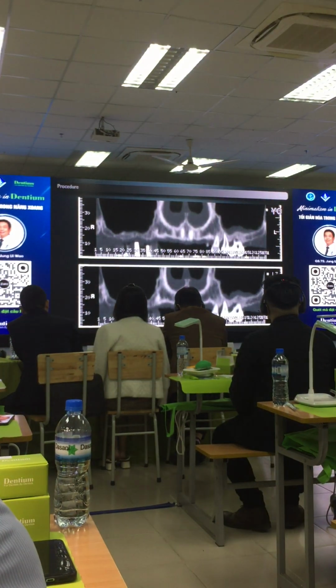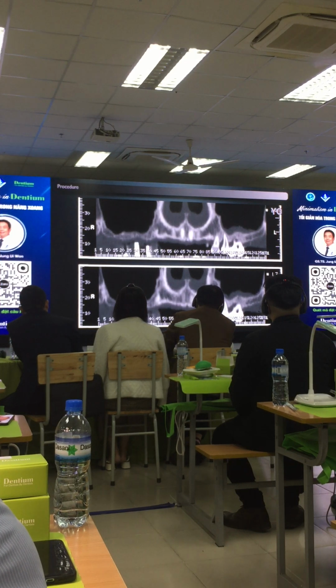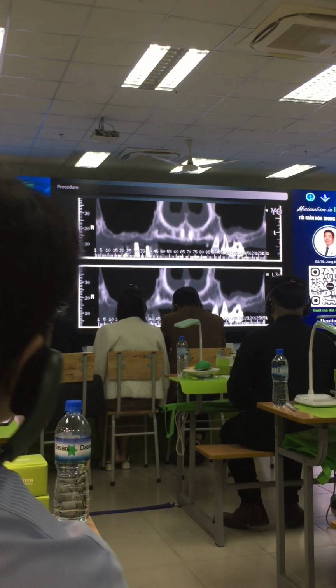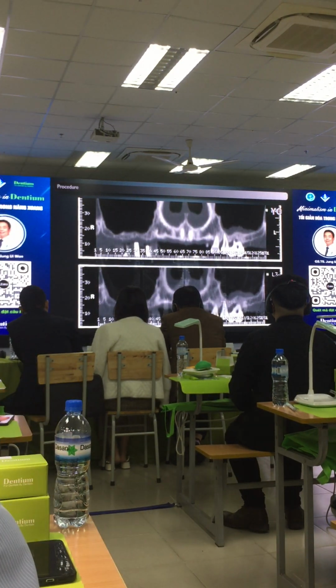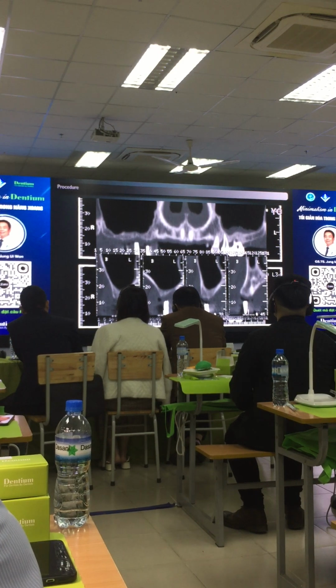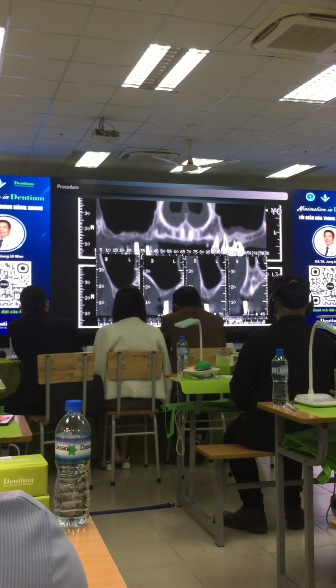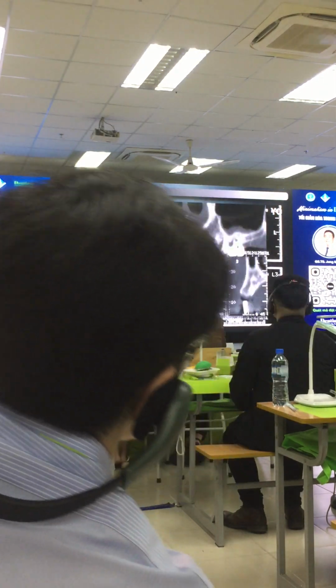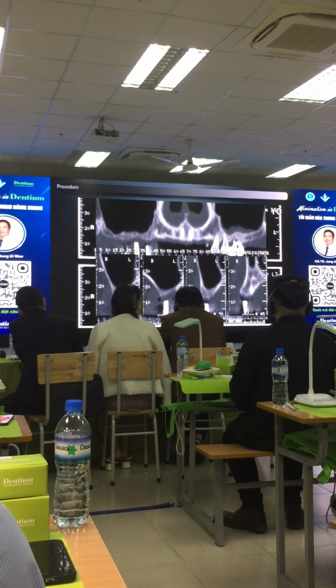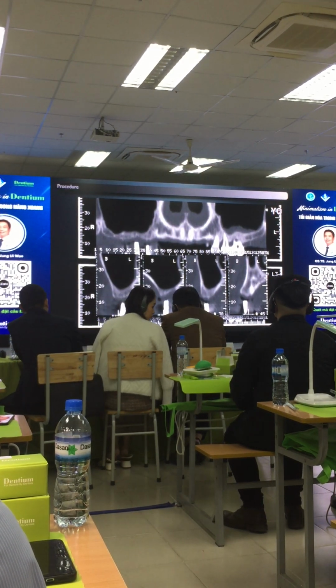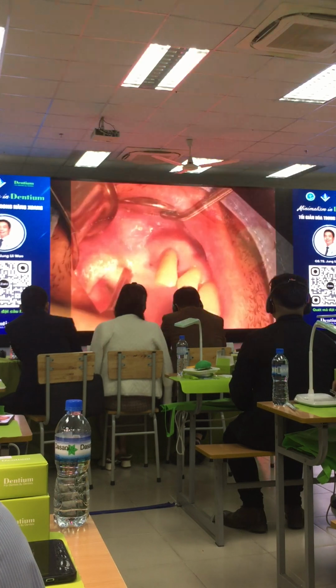Let's take a look at the case. After extraction, you can observe marked vertical dimensional change in the extracted site with severe pneumatization. In the cross-sectional view, approximately 3 to 5 millimeters of bone height was available, while the ridges were enough to place implants.